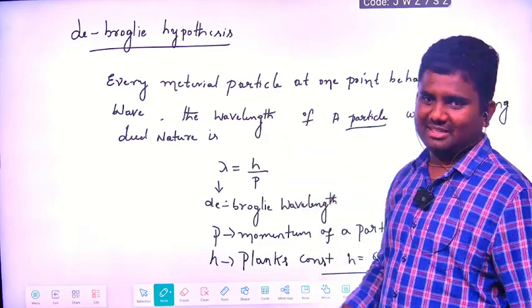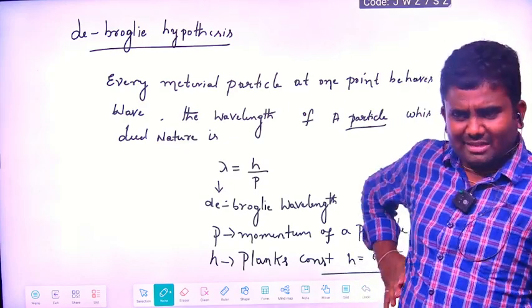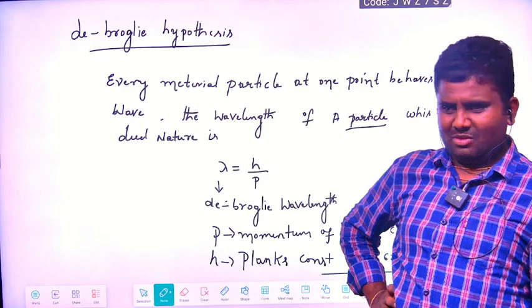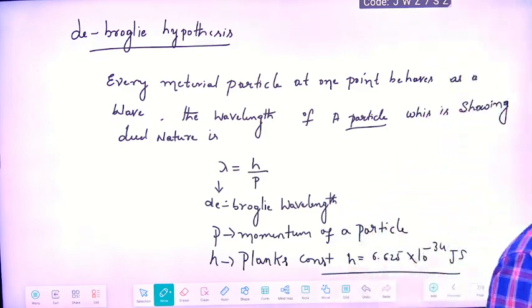Even light: sometimes light acts as a particle, and sometimes light acts as a wave. That's what de Broglie gave; it is a hypothesis, and he got a Nobel Prize for this equation, which connects the particle and wave nature of light or matter.